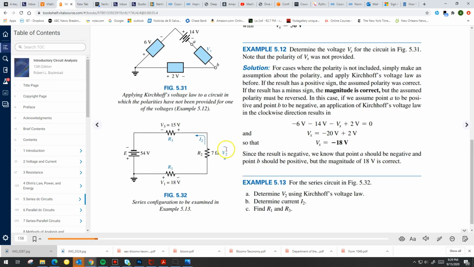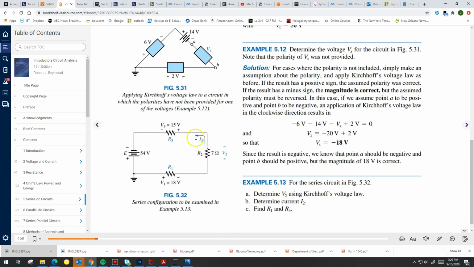And look, once I know V2, can I find the current? Yes, if I use Ohm's law, because the current through the circuit is the same. I know the voltage already, so it's going to be this voltage that I just found divided by 7.